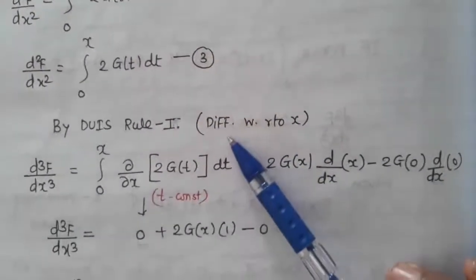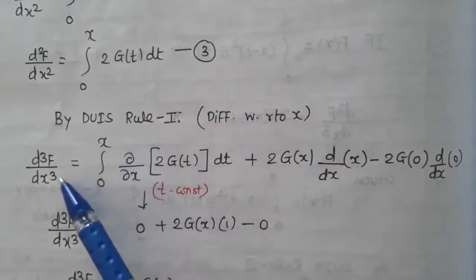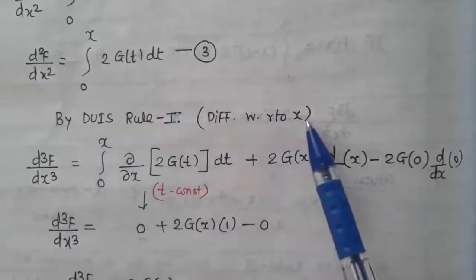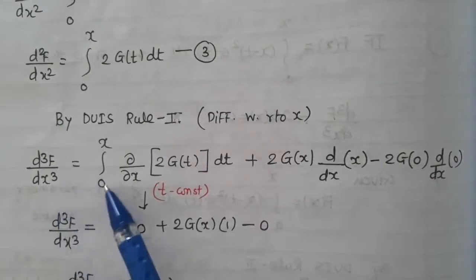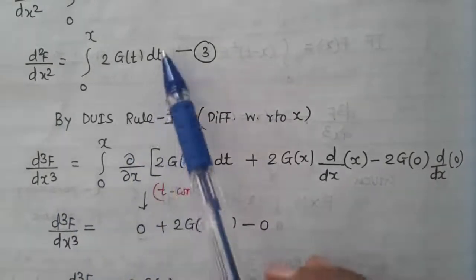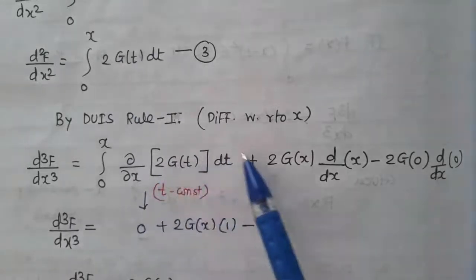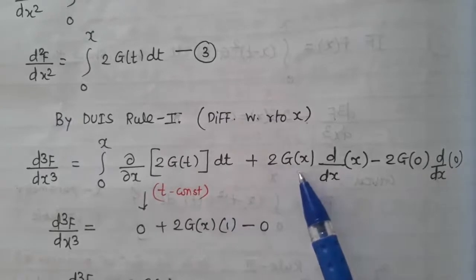Apply again DUIS rule 2 to get d cube f upon dx cube. So differentiate on both sides again with respect to parameter x. d cube f upon dx cube is equal to integral 0 to x partial derivative of this function with respect to x, integrate with respect to t, plus 2 times g of x.